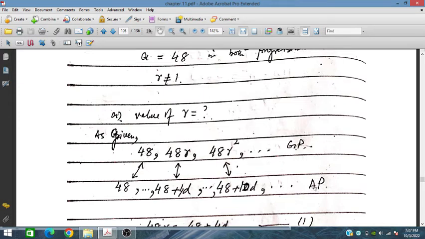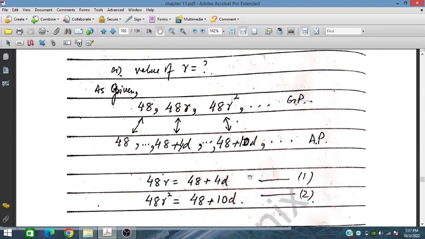Similarly for the arithmetic progression, the first term is 48, the fifth term is 48 plus 4d, and the 11th term is 48 plus 10d, corresponding to the third term of the geometric progression.